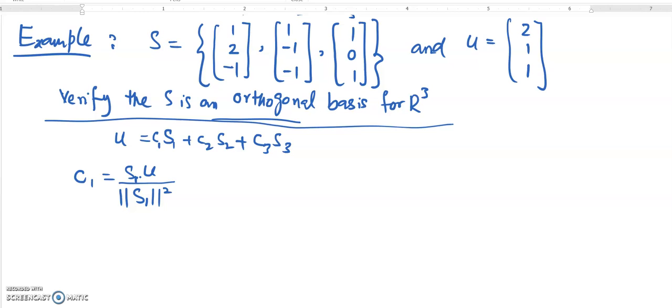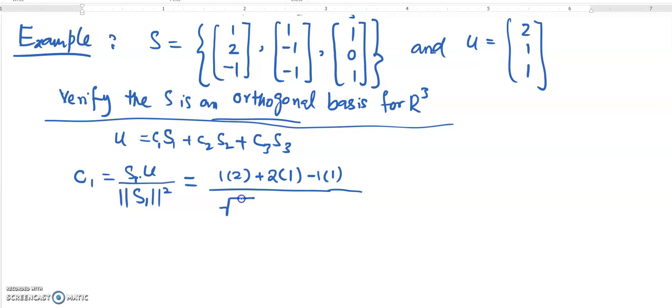So let's do it quickly. For C1, S1 is this, so S1 dot U will be 1 times 2 plus 2 times 1 plus minus 1 times 1. And then what will be the norm of S1?